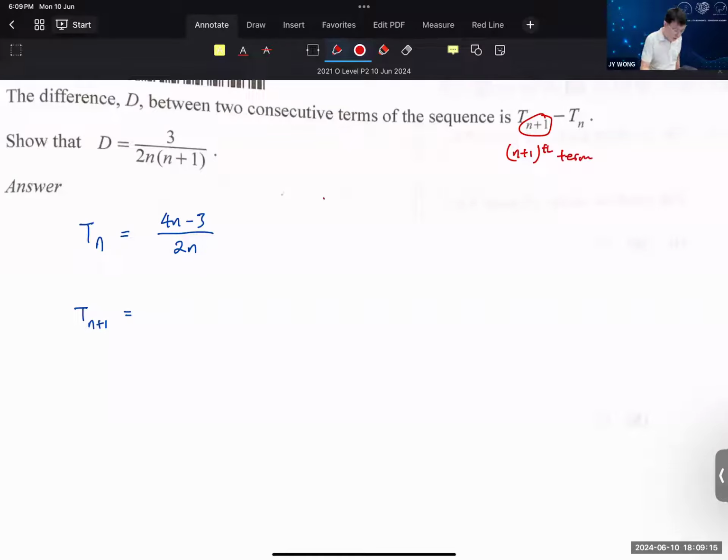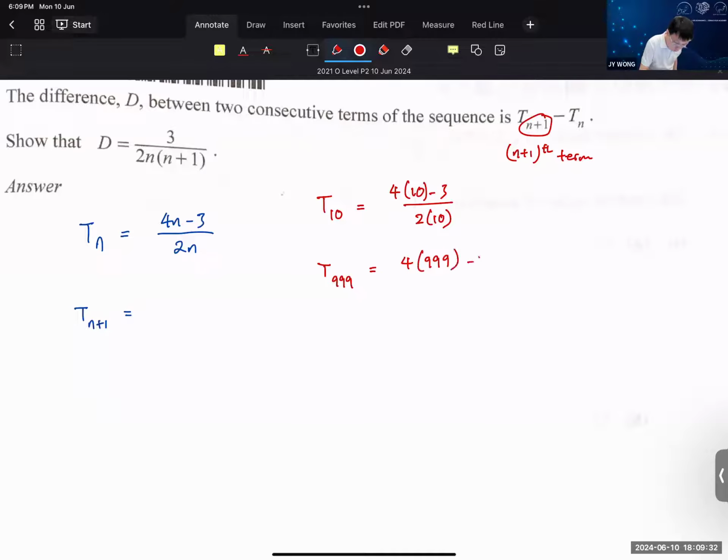So I can have, for example, what is T10? T10 means the 10th term, means my n is 10. So what is T999? It will be this.